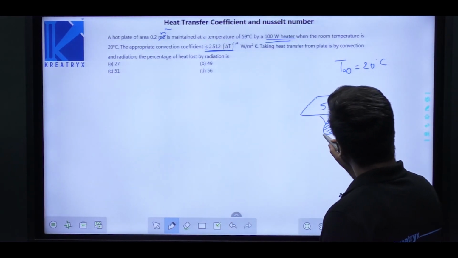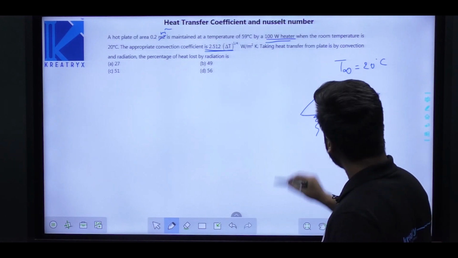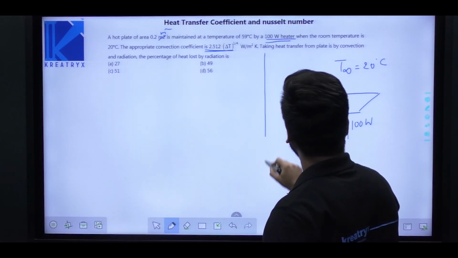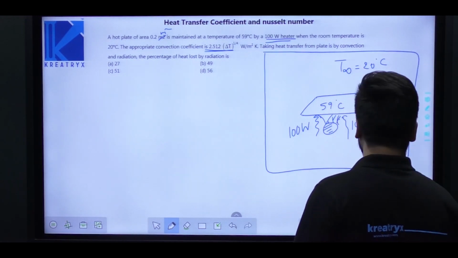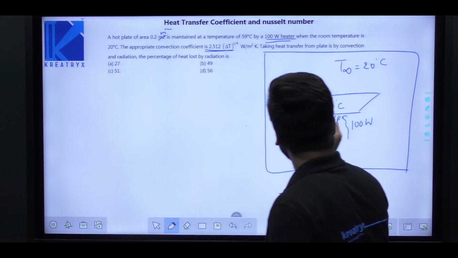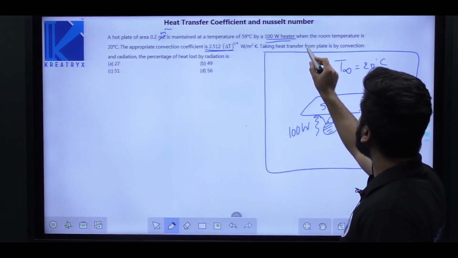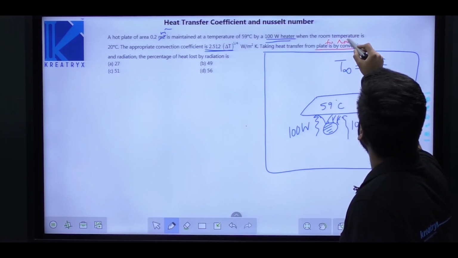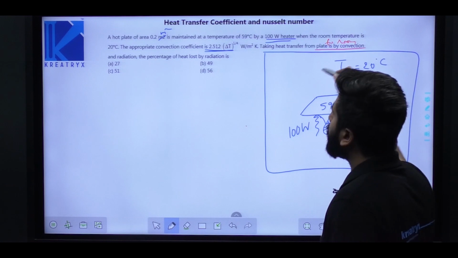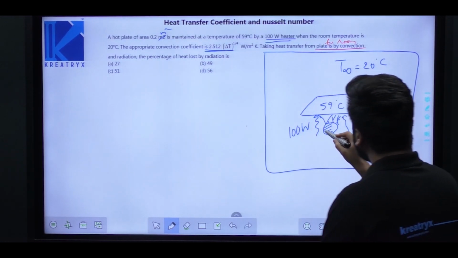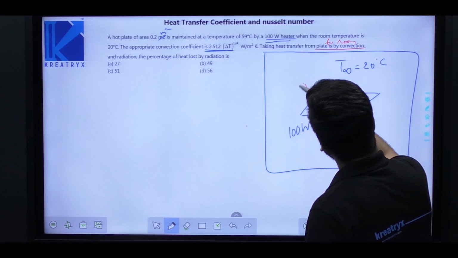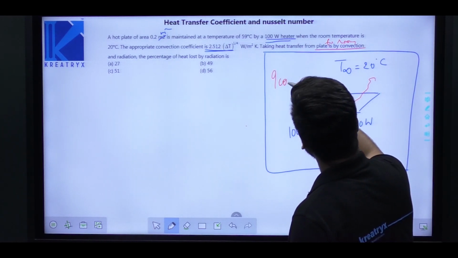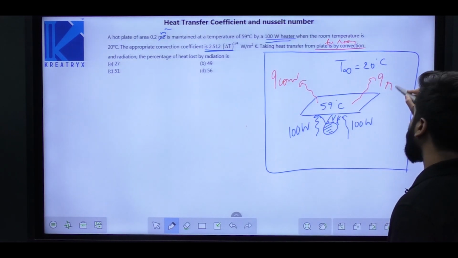So this heater is giving 100 watt to this plate, and this plate is in a room. They have said that heat transfer from plate to room is by convection and radiation. So this 100 watt of heat will be convected to the room and radiated to the room. Let this be Q convection and this be Q radiation.